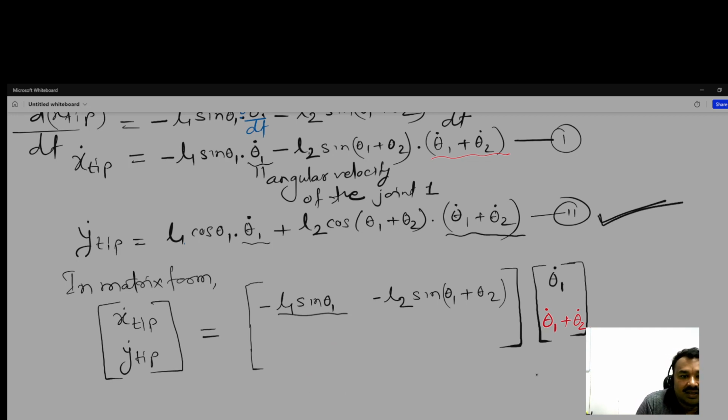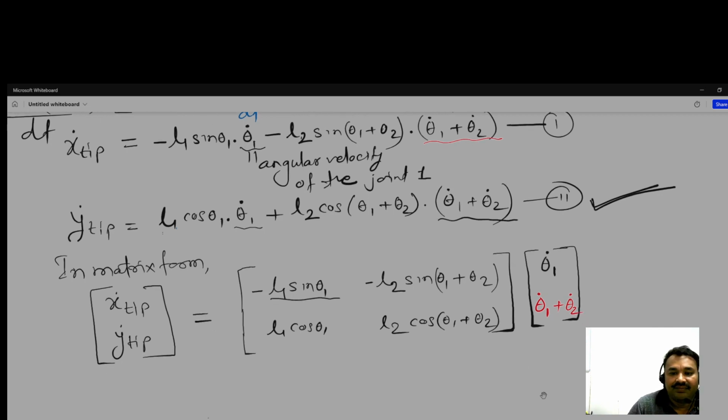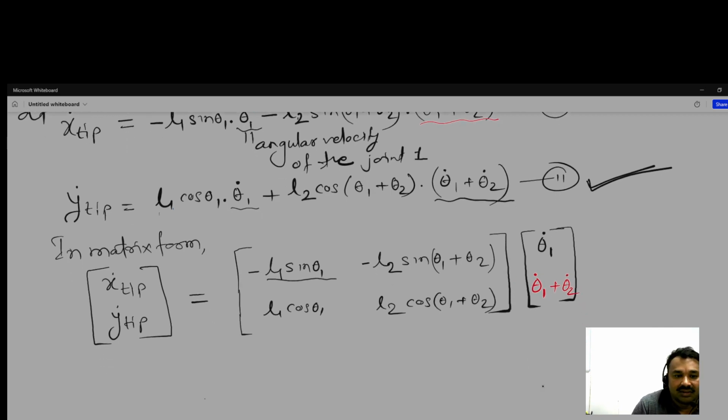So this one means L1 cos theta 1 and here L2 cos theta 1 plus theta 2. Okay, and if we multiply this, so this is the first matrix, then second matrix, then third matrix.